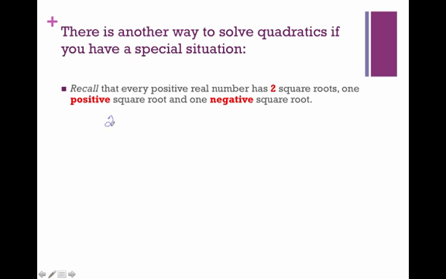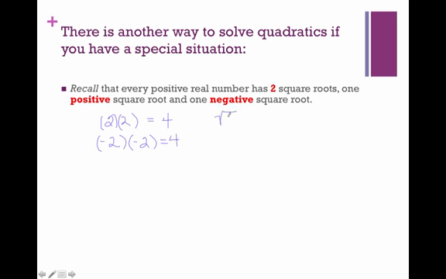If I multiply 2 times 2, so positive 2 times positive 2, I get 4. But also if I multiply negative 2 by negative 2, I also get 4. So 4 has a positive square root of 2 and a negative square root of 2.